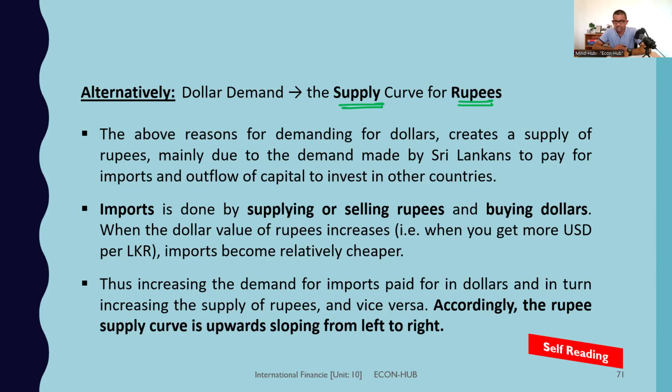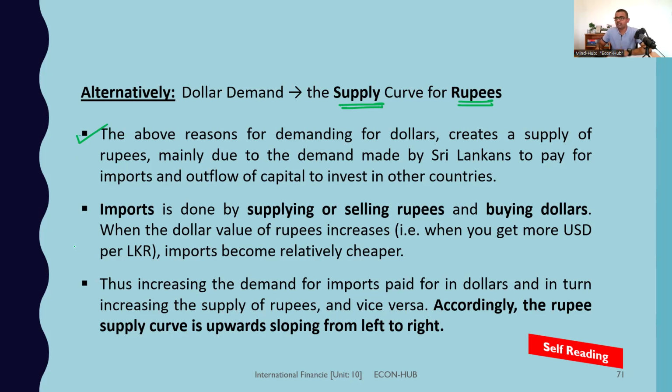When you buy dollars, you have to pay in rupees, supply of rupees. Mainly due to the demand made by Sri Lankans to pay for imports and outflow of capital to invest in other countries. So I'm explaining why there is a demand for dollars, and that demand for dollars creates a supply of rupees.